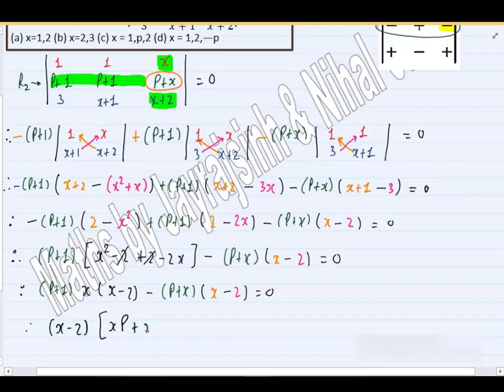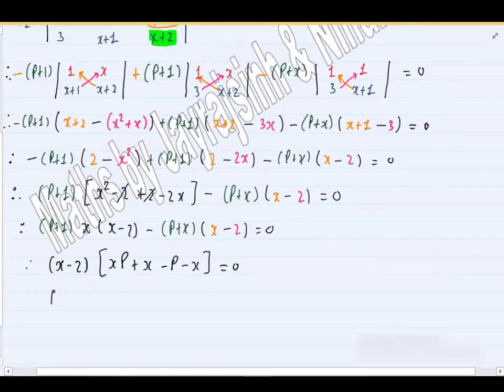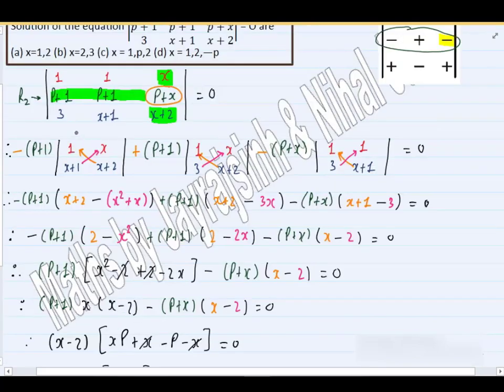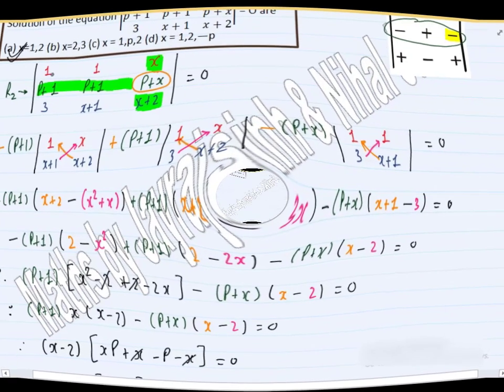So xp plus x minus p minus x is equal to 0. And after simplification, x will cancel out and take p common. So x minus 1 will remain as it is. So here we will get x is equal to 2 as well as 1. Ta-da! Option A is your answer.